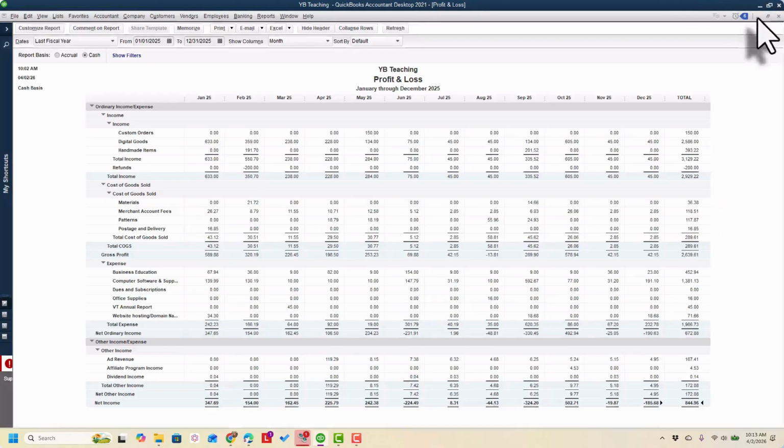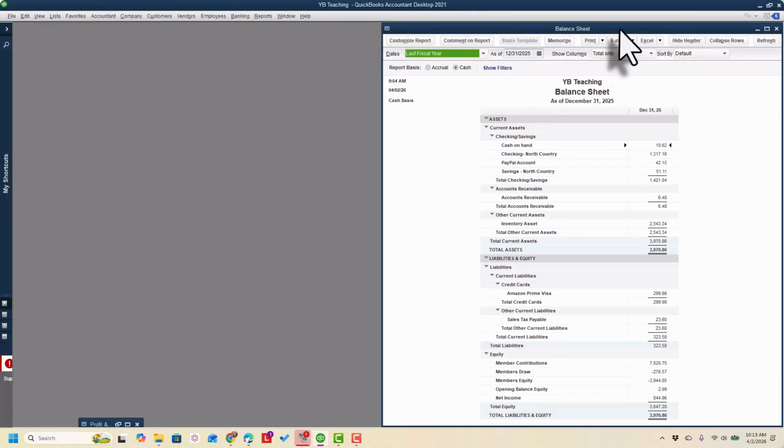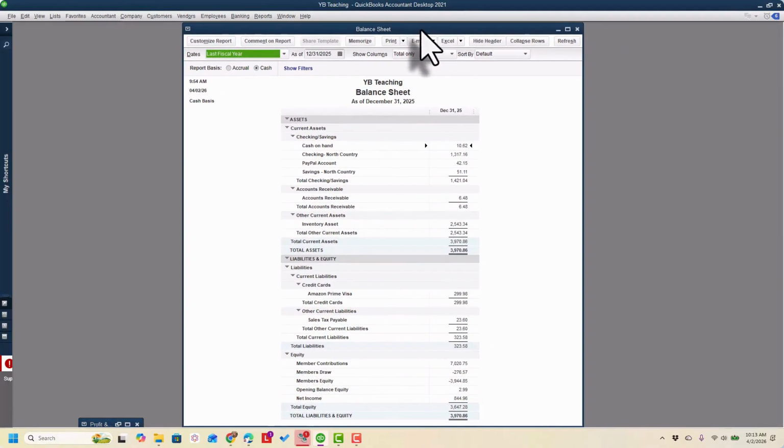All of that stuff comes from your balance sheet. And I'm just going to give you a quick rundown of the balance sheet. Now, the balance sheet basically gives you an overall picture of how healthy your business is. So it starts out with the money that you have on hand.